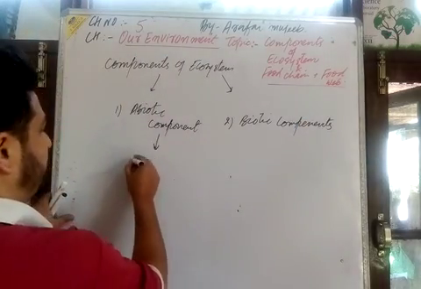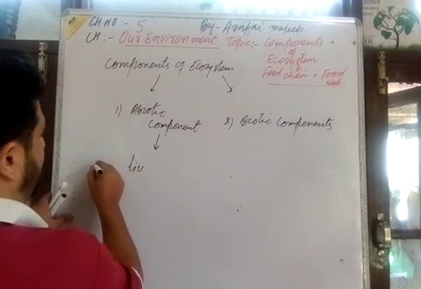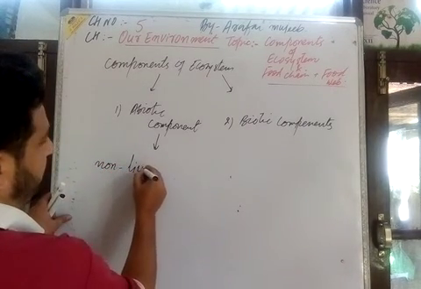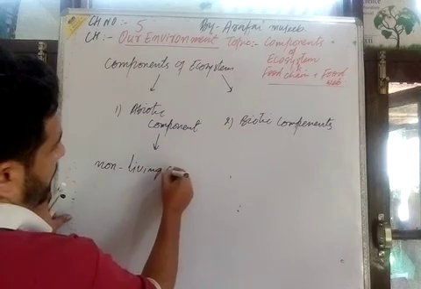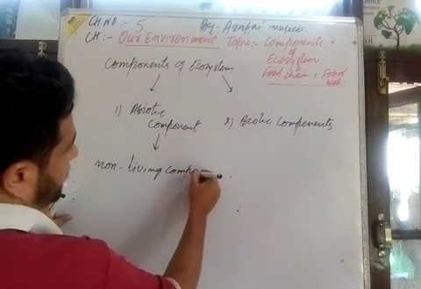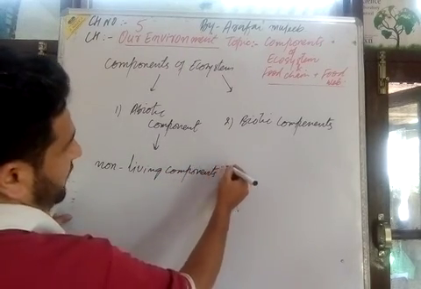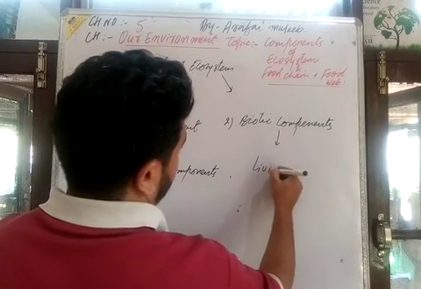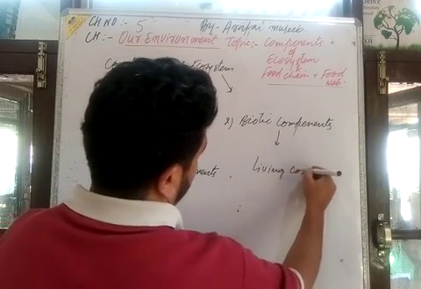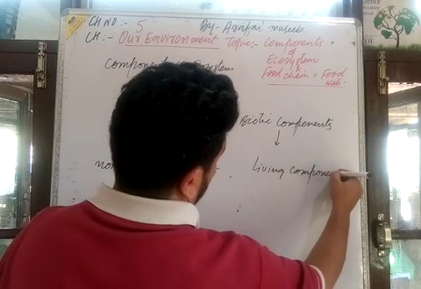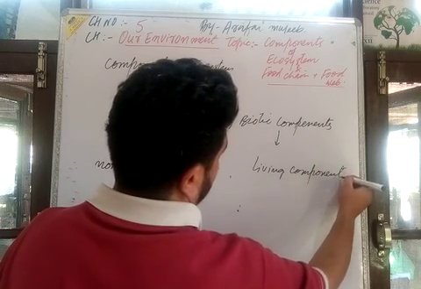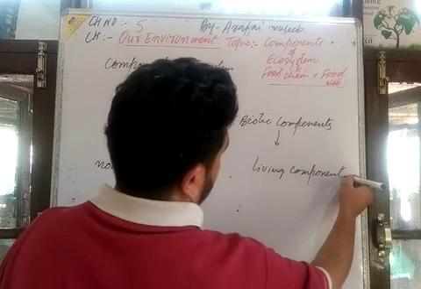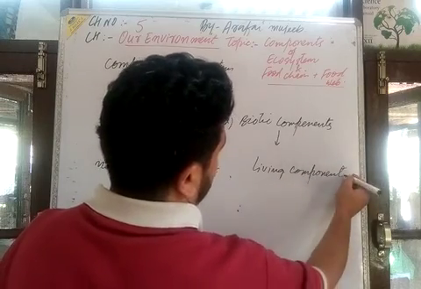Abiotic components are referred to as the non-living components. These are non-living components, and biotic represents the living components of an environment, of an ecosystem.